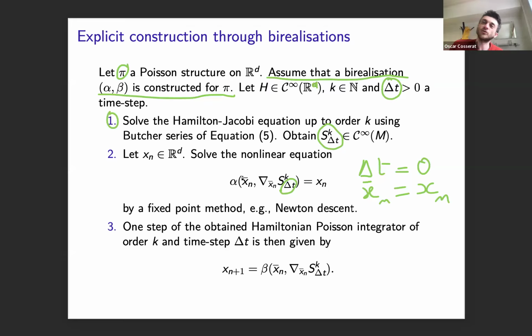The other point of this equation, using the inverse function theorem, is that for delta t small enough, this is solvable. So in practice, you may solve this by a fixed point method like Newton descent.